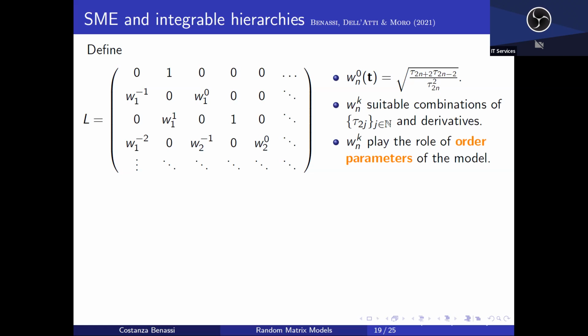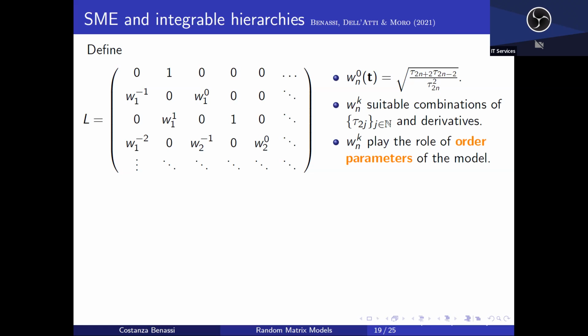But the point is that we don't have just this type of field, W0, but we have different types of fields. We have other fields that we call W-1, or other fields that we call W1, and so on and so forth. And each of them lives on the same one-dimensional lattice. So the lower index determines where you are on the one-dimensional lattice. The upper index determines which field you are, basically, okay?